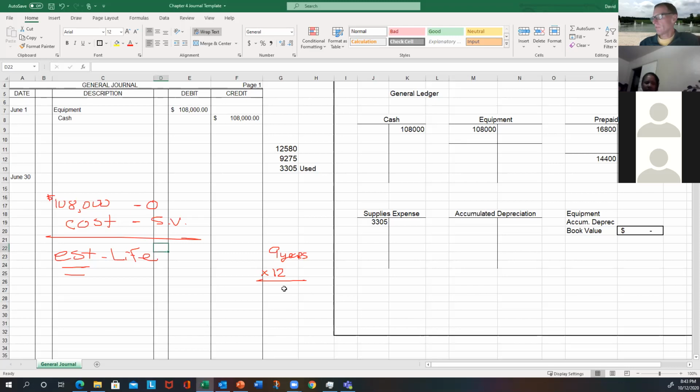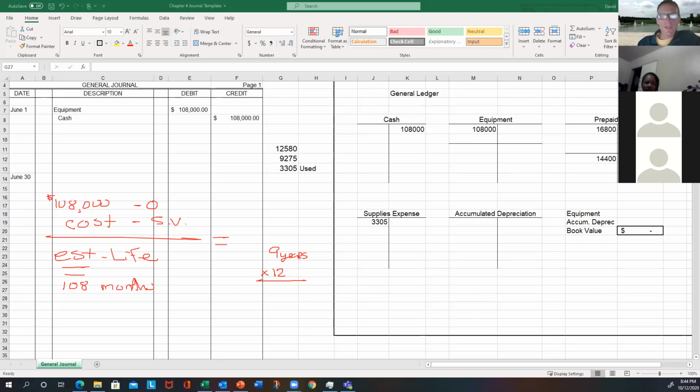So if you got 108 months, what you would do then is divide the 108,000 by 108 months, and that's going to give you how much depreciation you have, or how you're going to allocate that cost per month.